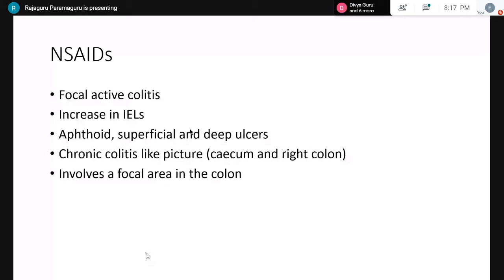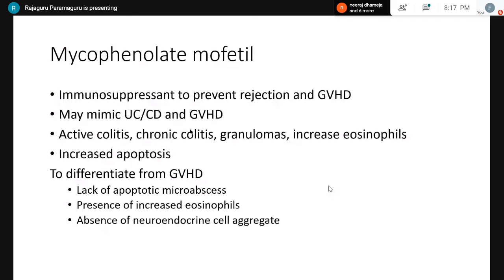Graft-versus-host disease will show a lot of apoptotic figures which look like microabscesses, which I'll show you later in the image. And the eosinophils will be increased in mycophenolate mofetil, and there is going to be neuroendocrine cell aggregation in graft-versus-host disease, because those are resistant to destruction.